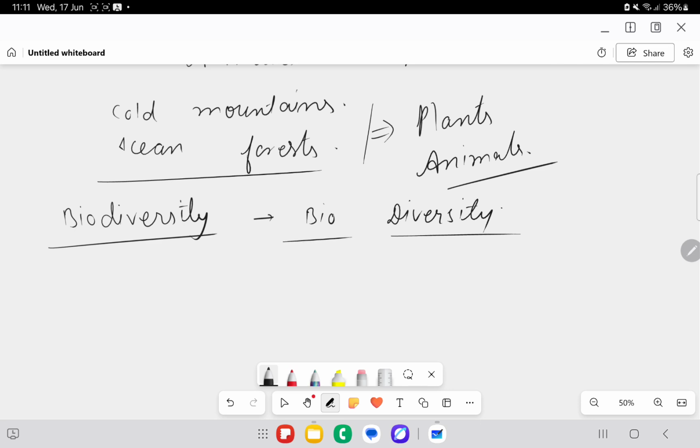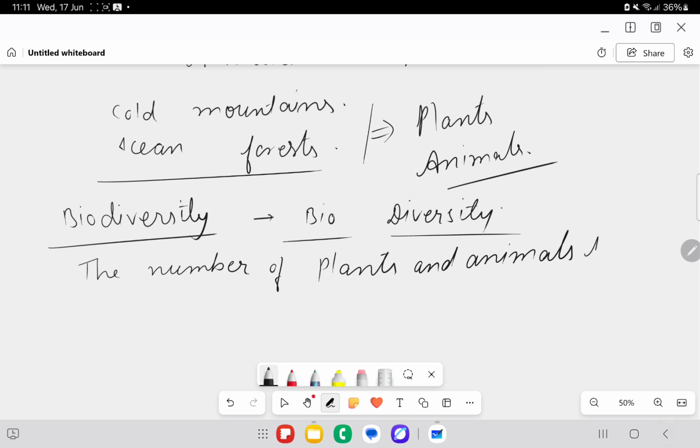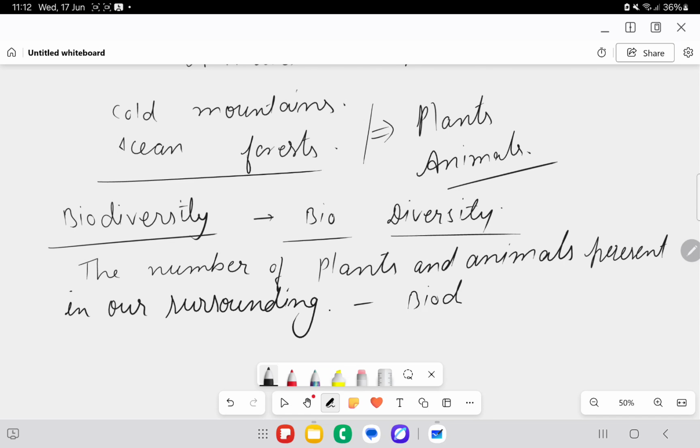So we can define the term biodiversity as the number of plants and animals present in our environment, surrounding or our ecosystem. That number is known as biodiversity.